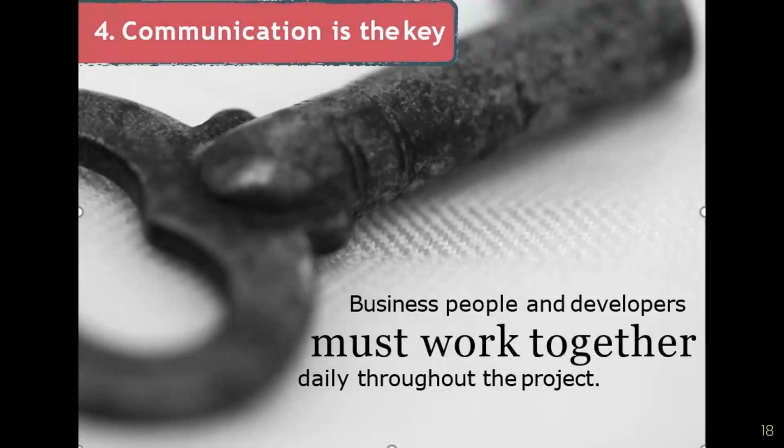Communication is key. Business people and developers must work together daily through the project. Always communicate with the product people, with the customer experience, to make sure that whatever business requires is being funneled down to the Agile team. Whatever customers are talking about is being funneled down to the team.